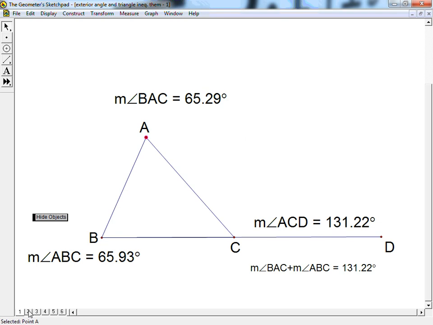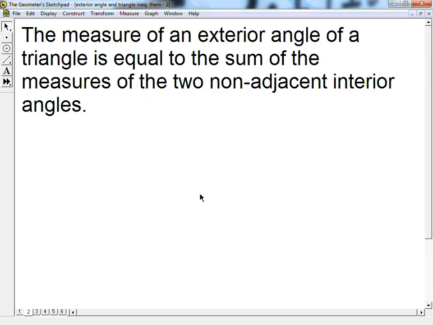All right, let's formalize this. We're going to say the measure of an exterior angle of a triangle is equal to the sum of the measures of the two non-adjacent interior angles.